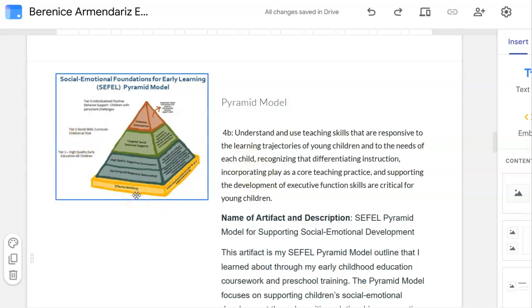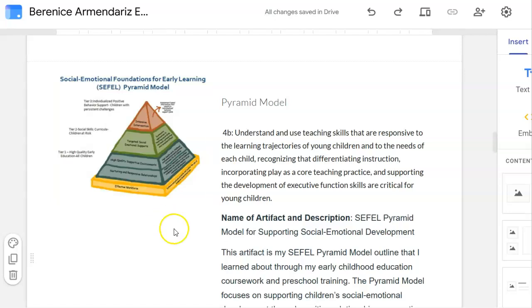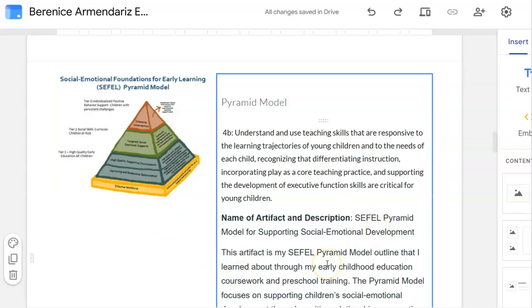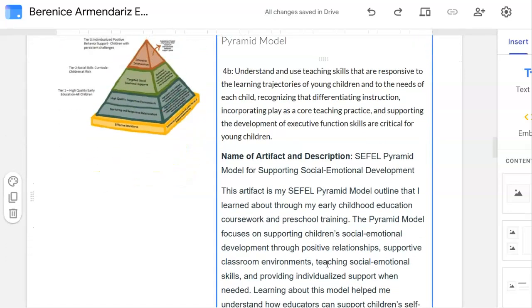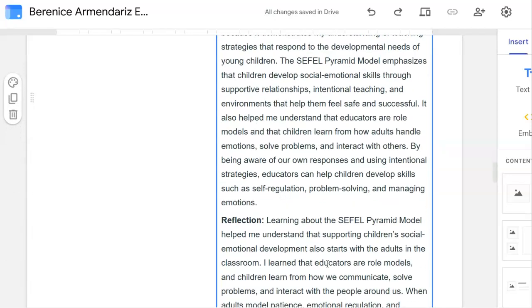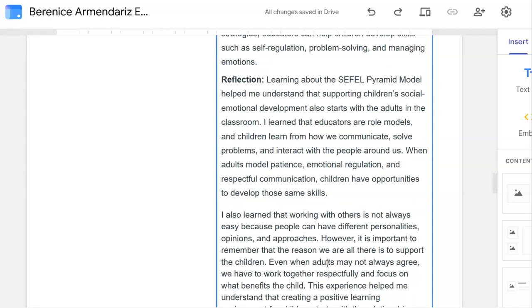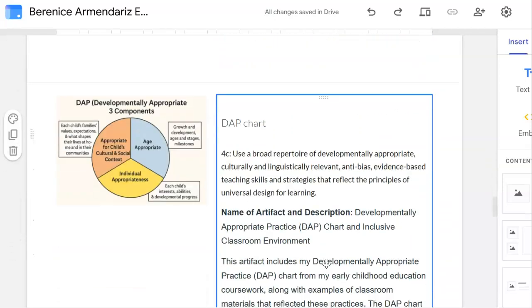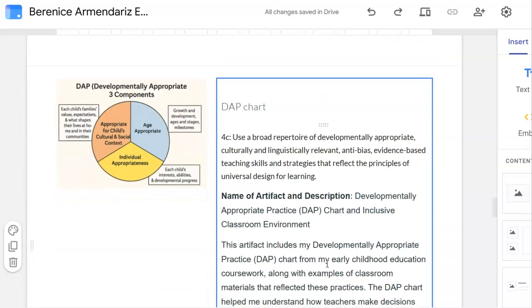So I think the Pyramid Model is really good because it does help promote or support social emotional development, and I think it's an easy way for teachers to kind of go back and say, okay, what am I doing that doesn't support it, and how can I do that better?